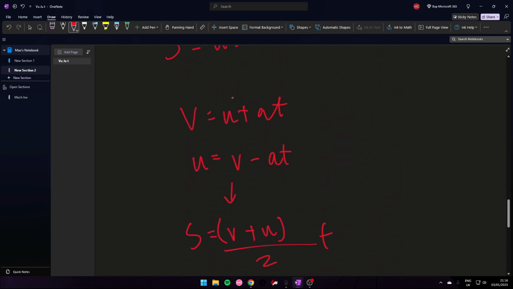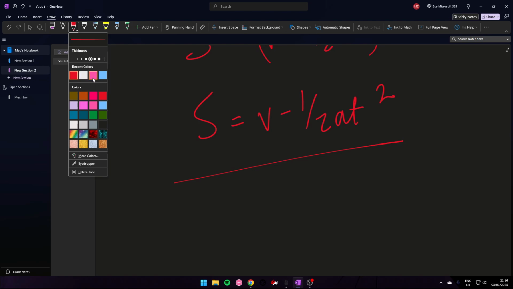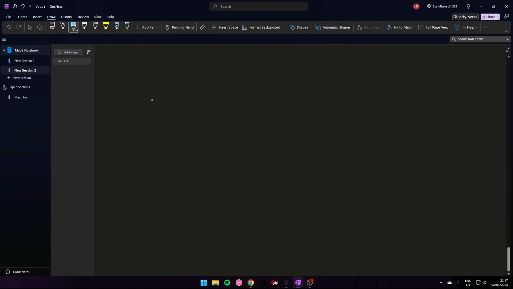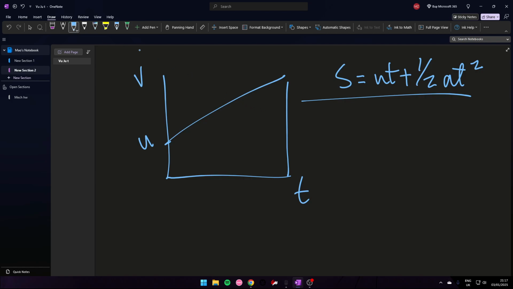Now we can prove these two formulas with a graph, using a different pen so it stands out more. Firstly, we're going to start off with the graph for s is equal to ut plus half at squared. That is what essentially we're going to get. We have t. Now we're going to label the area underneath the graph line in two separate parts.